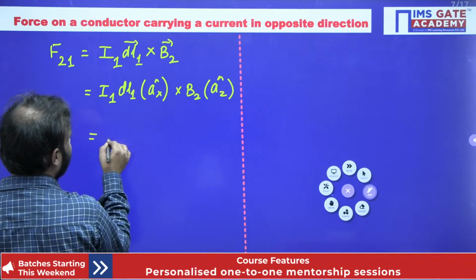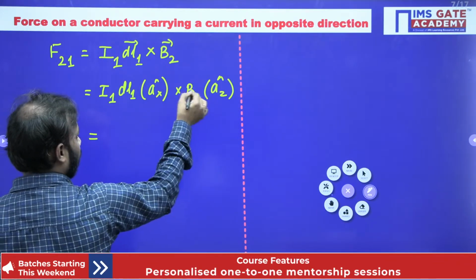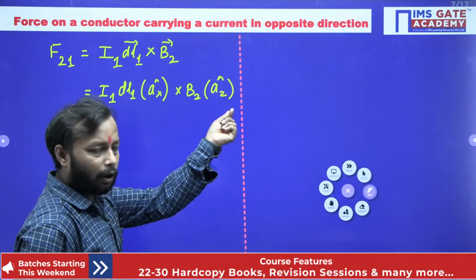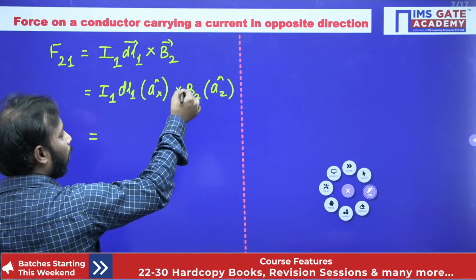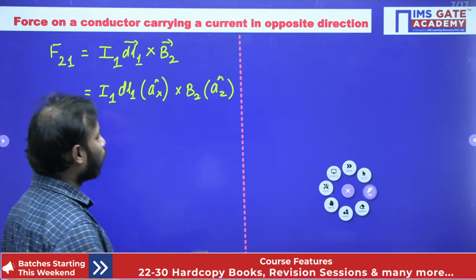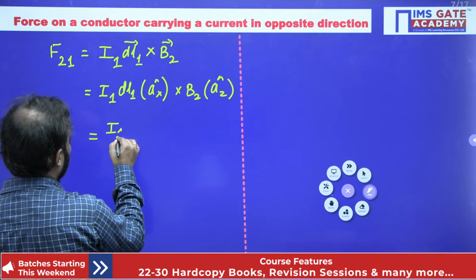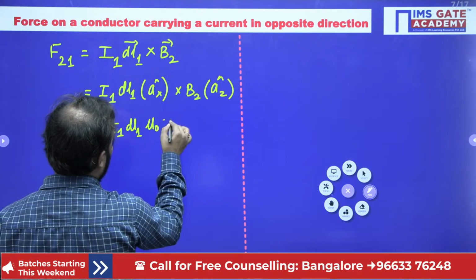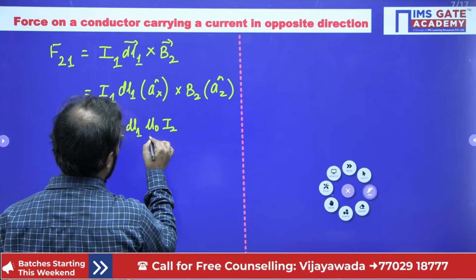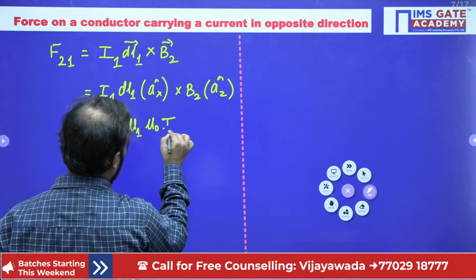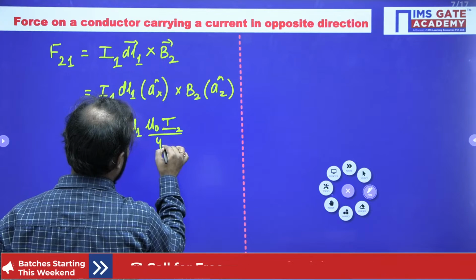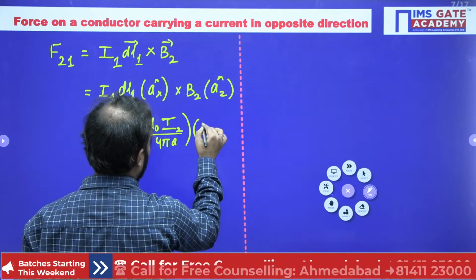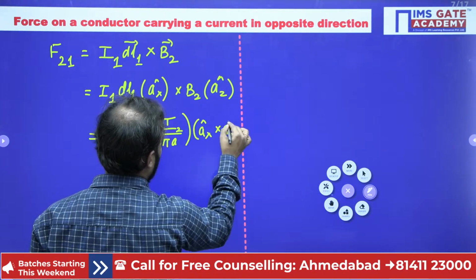Replace B2 with mu naught I2 upon 4 pi A, and this AX cross AZ vector.